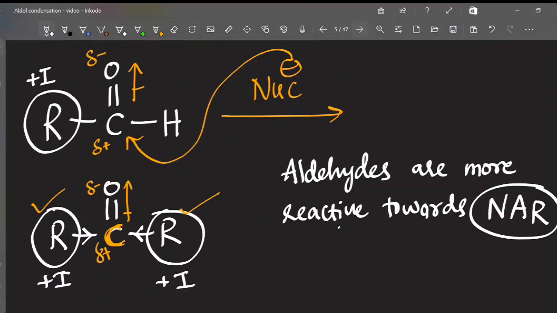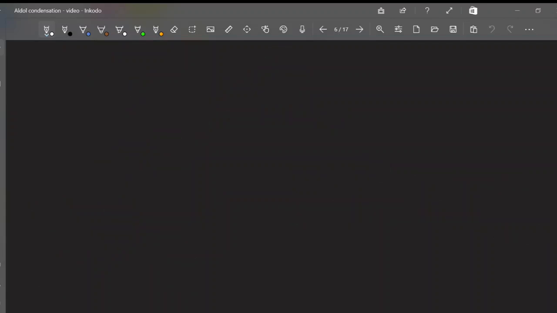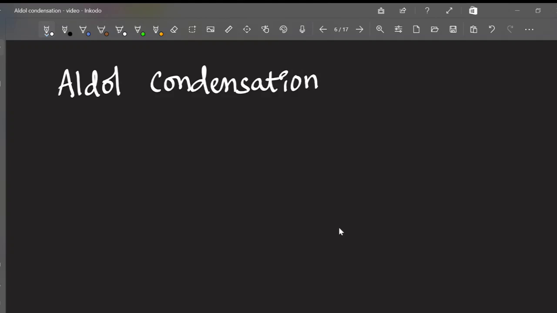So let's move into the aldol condensation reaction. One must know the definition of aldol condensation. If we can understand the definition, then it will be easier for us to attempt any kind of competitive exam questions.